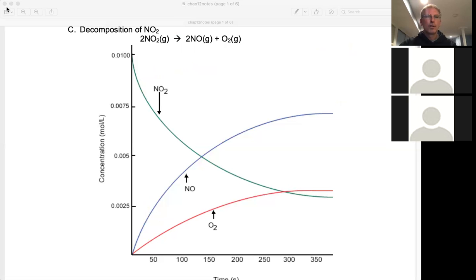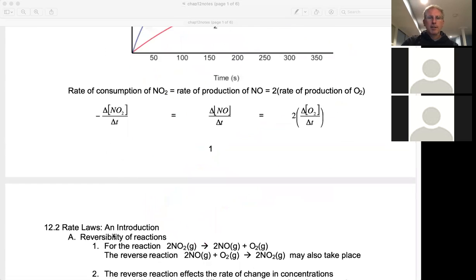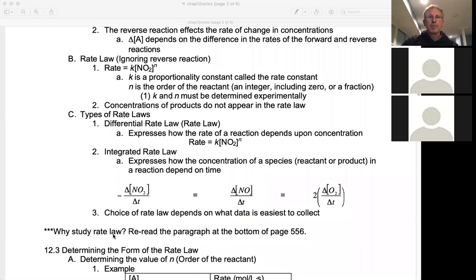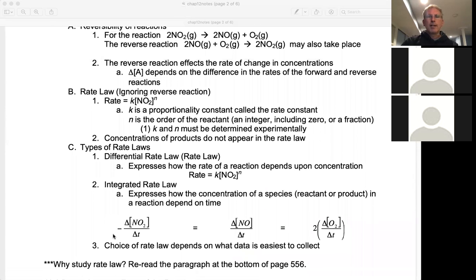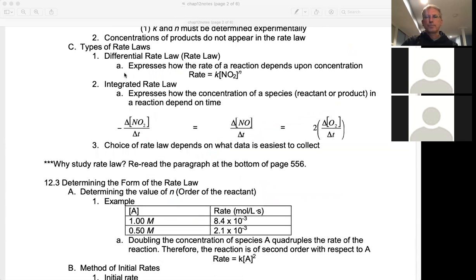Let's scroll on down here. Here's the next thing. Rate laws get written in a couple of different ways.